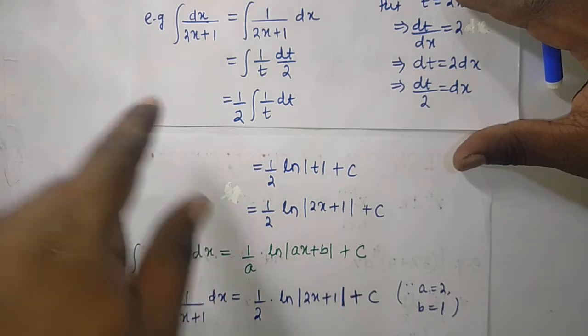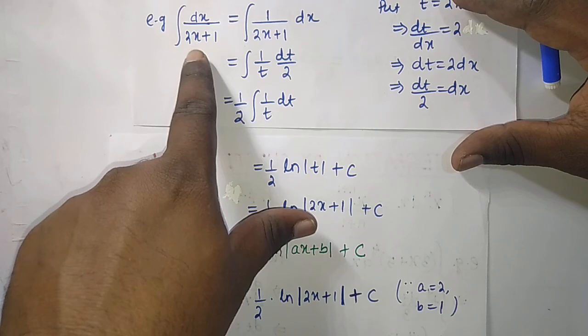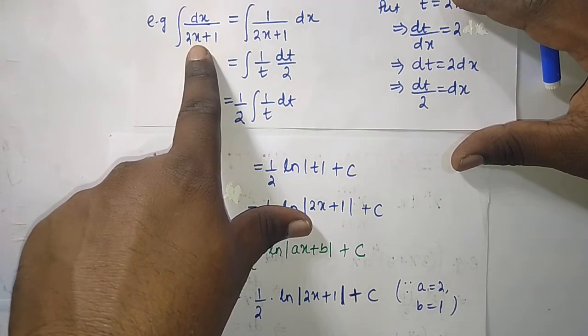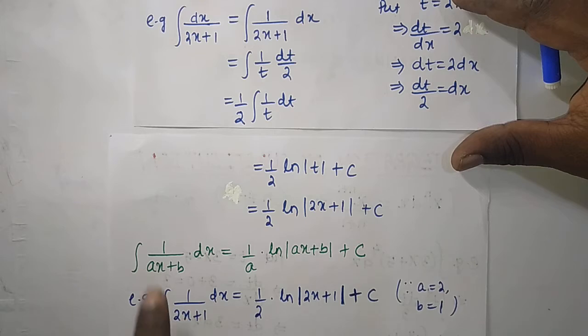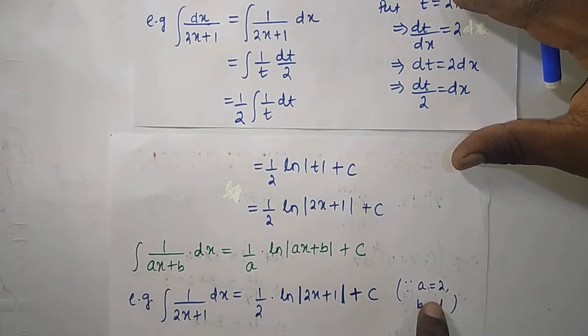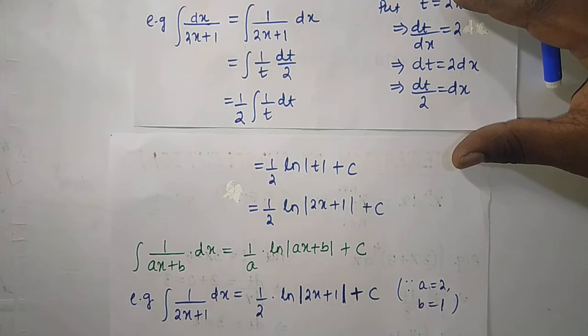So you can easily see here that the coefficient of x is 2, that means a is 2 and b is 1. Here ax + b is 2x + 1, so the value of a is 2 and the value of b is 1.